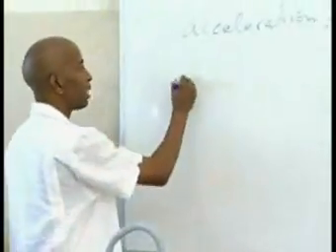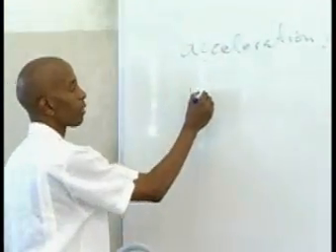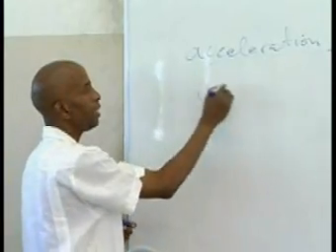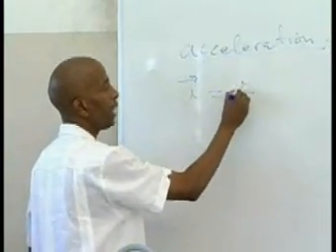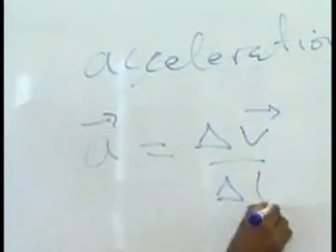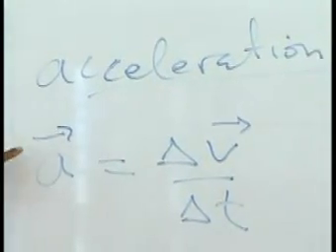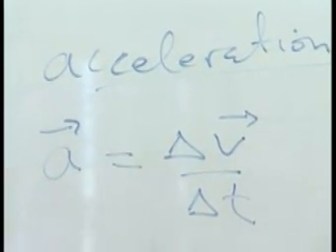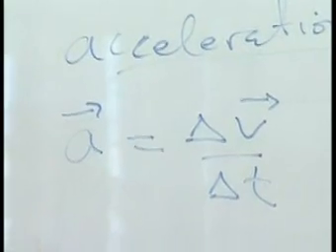So acceleration, which I will represent with the letter A, is represented mathematically as the change in velocity over time. Notice that for my A and my V, I am putting an arrow on top of them because acceleration is a vector quantity.